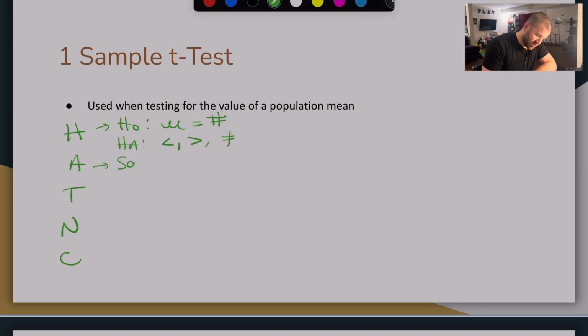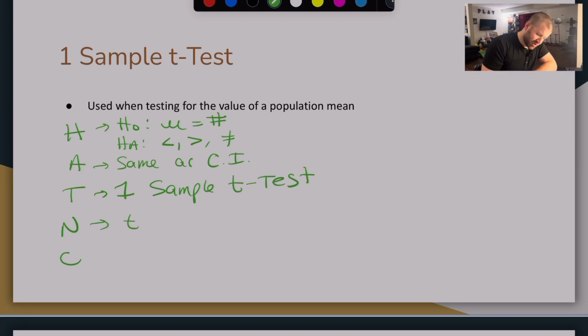My assumptions are the same as a confidence interval. I need to have one random sample, and I need that sample to be 30 or more people, or I need the sentence that the normality assumption is met, or I need to make a box plot or a stem plot and look for no skewness and no outliers. My test is a one sample t-test.